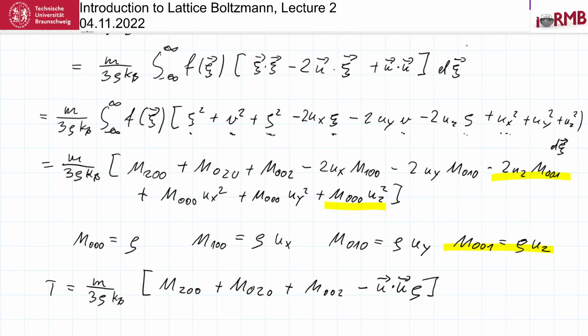Now what you see here is the second raw moment minus the kinetic energy. So this is drawn out.